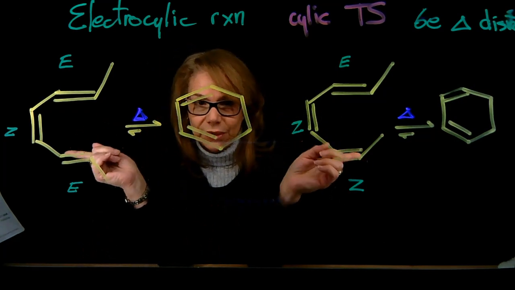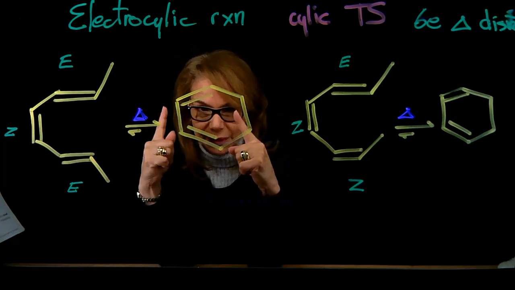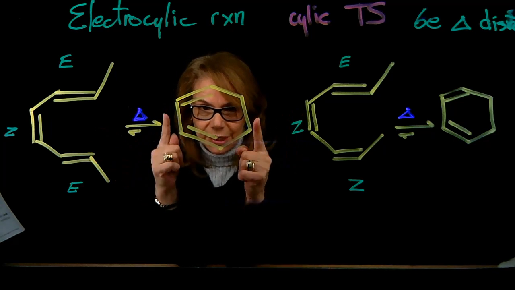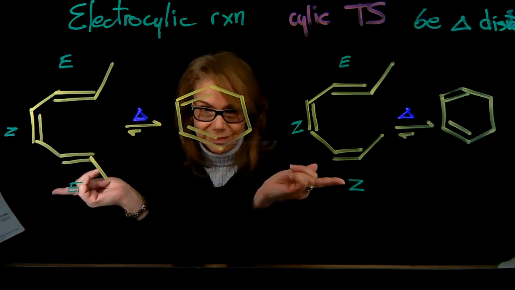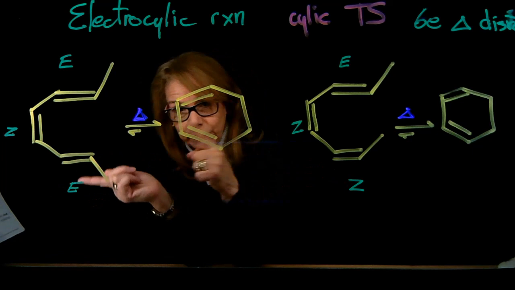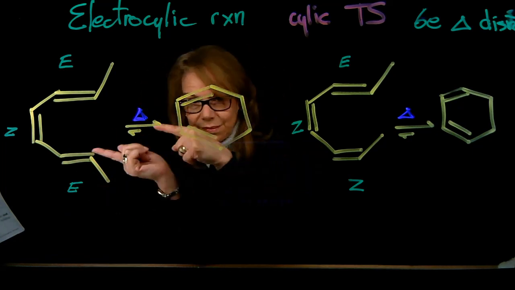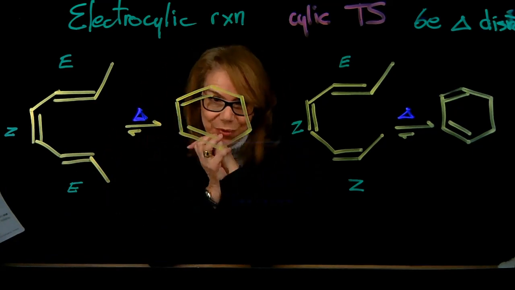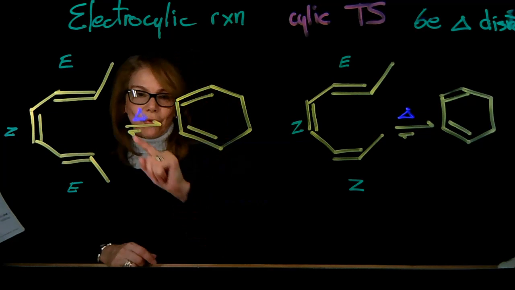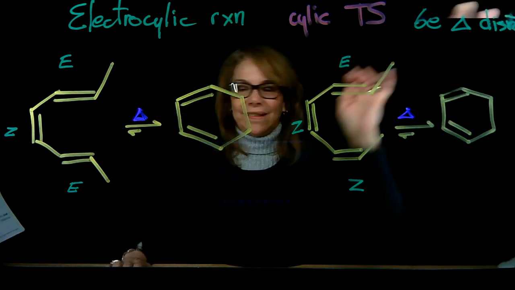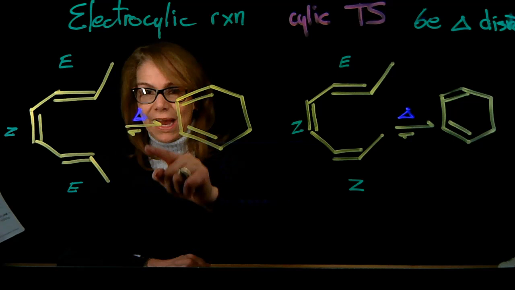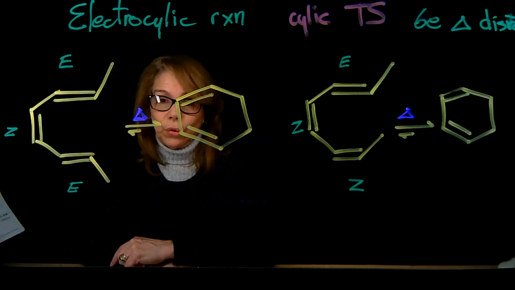Let's remember, disrotatory is moving in two different directions, either inward or outward. And conrotatory was moving to the same side, like a windshield wiper. Okay, so having that clear, we know this is going to happen in this disrotatory fashion.